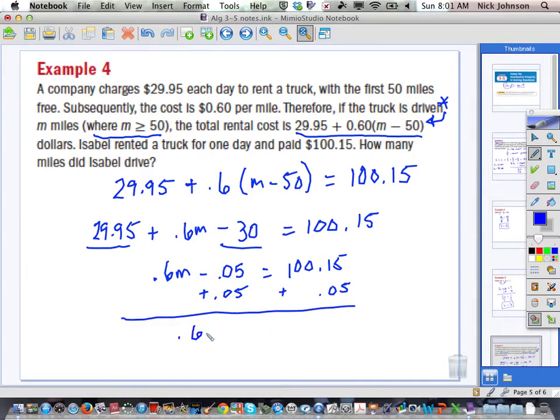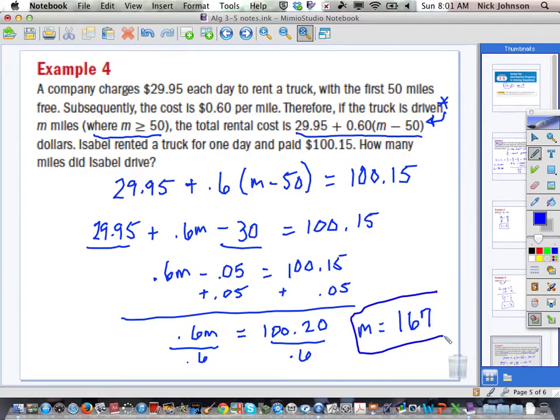That's where we have a tendency of making mistakes. 100.15 plus 0.05 is $100.20. The inverse of multiplying by 0.6 is dividing by 0.6. I'm doing this on my calculator. So 100.2 divided by 0.6 tells me I drove 167 miles, or Isabel drove 167 miles that day.